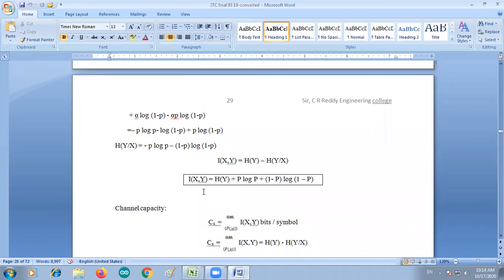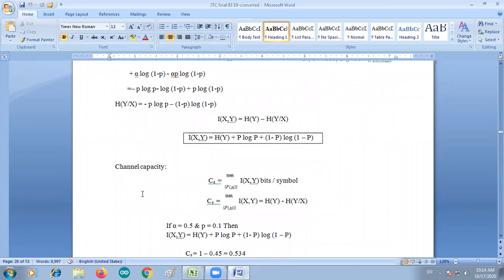I of x comma y, the mutual information of the binary symmetric channel, is equal to H of alpha plus P log P plus 1 minus P log 1 minus P. The channel capacity of the binary symmetric channel is the maximum of I of x comma y over P of x, in bits per symbol.